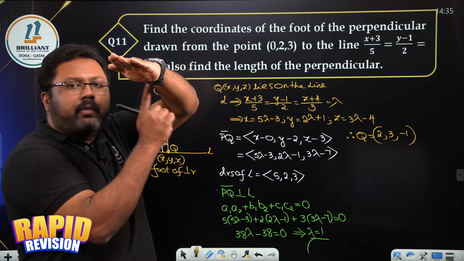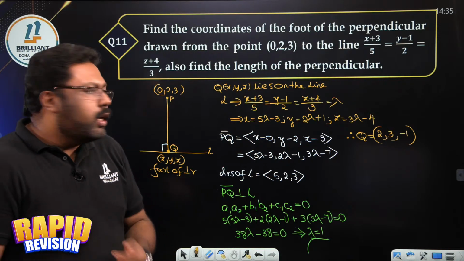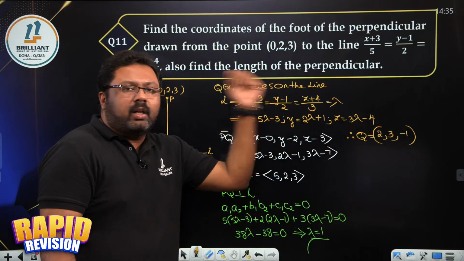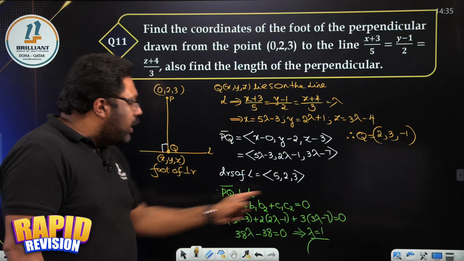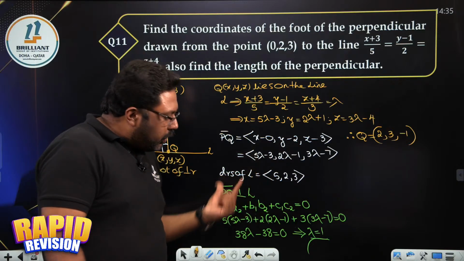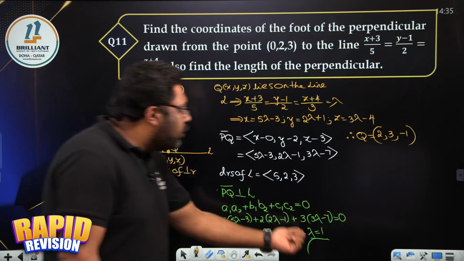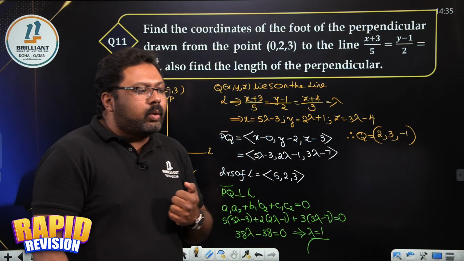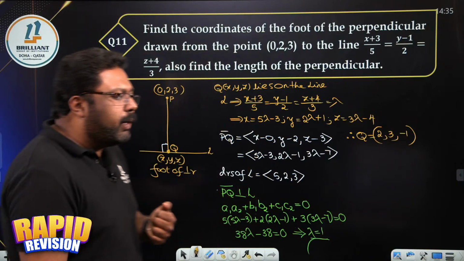So we are actually finding the point which is called the foot of the perpendicular of that line. So always represent the coordinates in terms of lambda and then use the perpendicular condition equal to 0. Here when I used it, I got lambda equal to 1 and substituted lambda equal to 1. I got the coordinates of Q, which is (2, 3, minus 1). Right answer, Nitin, (2, 3, minus 1).